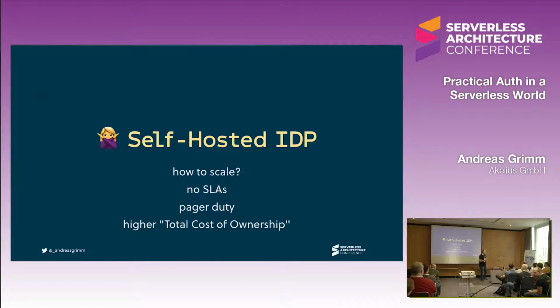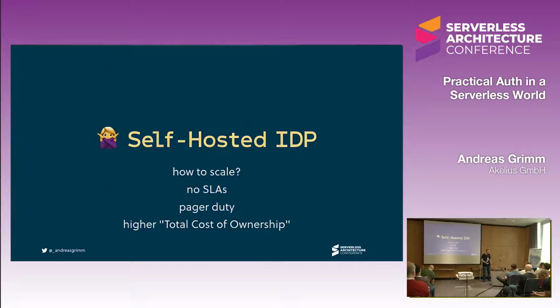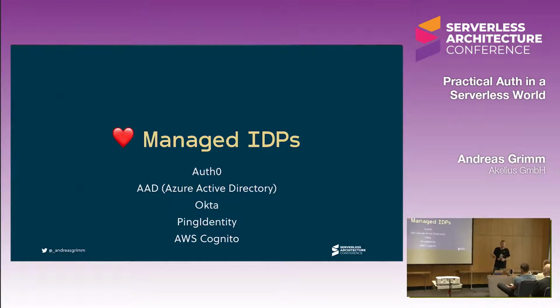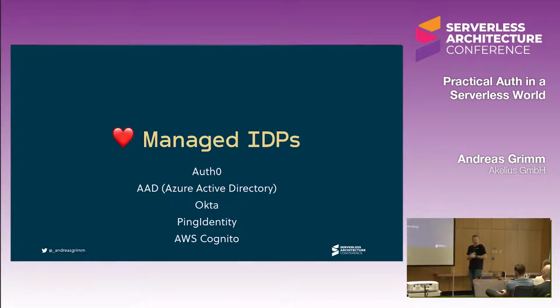And I am pretty happy that we have a managed identity provider, because if no one can log in anymore and no services or applications can talk to each other anymore, I do not want to be responsible or in that situation if that happens. And it just adds to this total cost of ownership of your product that you have. That's why I like managed identity providers.